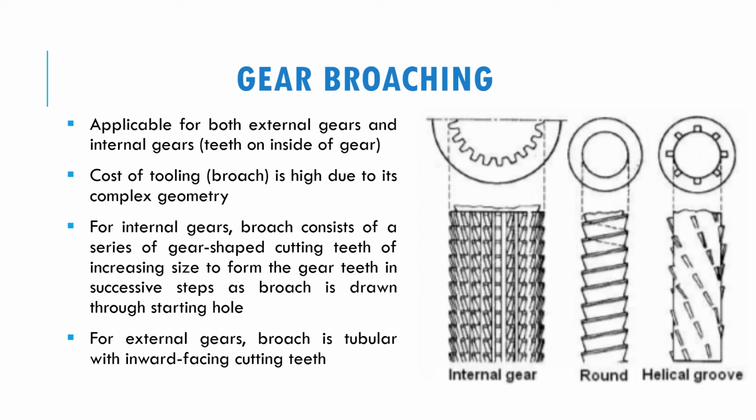The picture here shows the internal one. As you can see, this is the internal shape of the gear, so the gear is inside the blank. Usually we only see the outer part, the external gear. So this one is for an internal gear. This is a hole, and then they can create this shape.